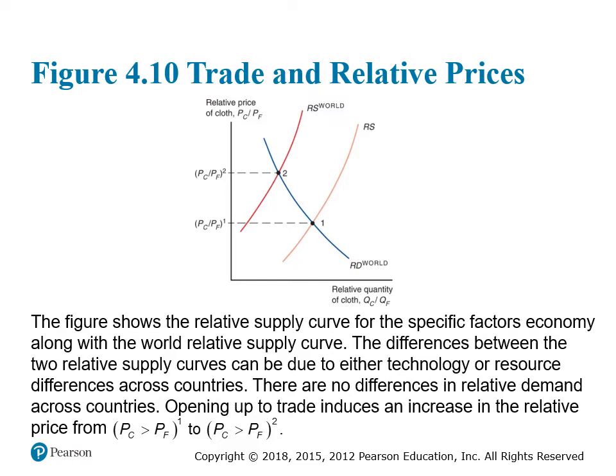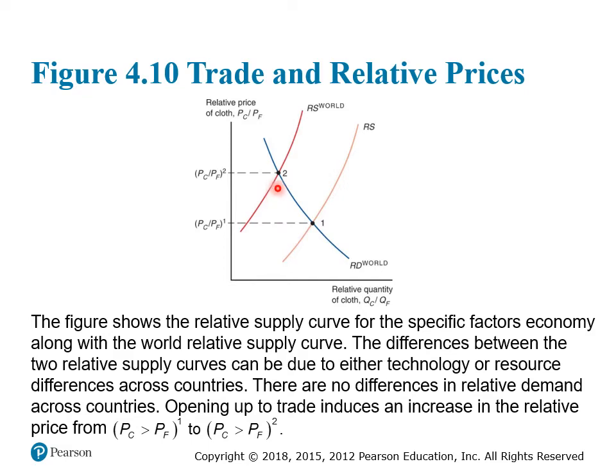Now you can see that we have a new relative supply and demand for the world, and that's at point 2 here. It's above the relative supply before trade, which was this line.